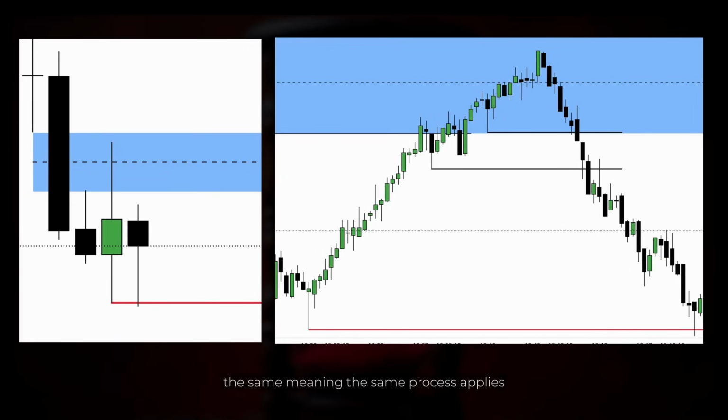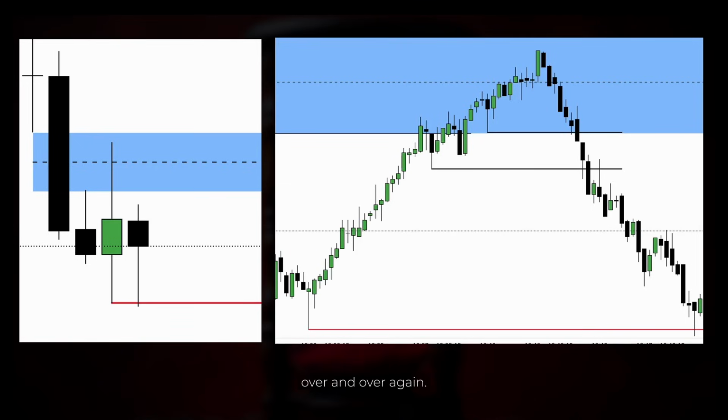And these methods are the same, meaning the same process applies for determining your draw on liquidity as it does for your point of interest. The variables are the same because every single entry is someone else's exit. Every single exit will be someone else's entry. And that is one of the most fascinating things which you can see on the mentorship forum, where you can literally see students just go back and forth, buy, sell, buy, etc.